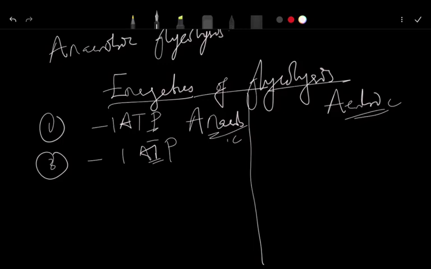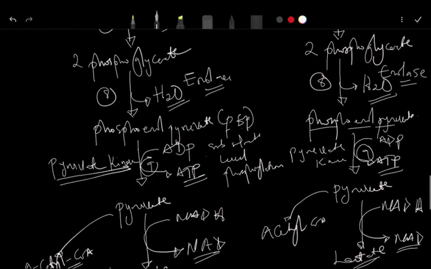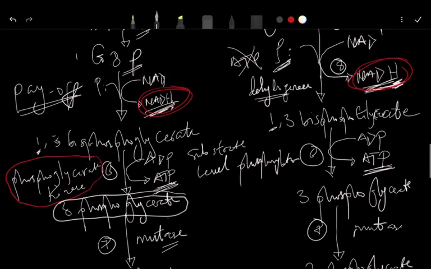Now in step 5 we form NADH, while in step 6 we form ATP. Since we already split, it is 2 NADH we formed.